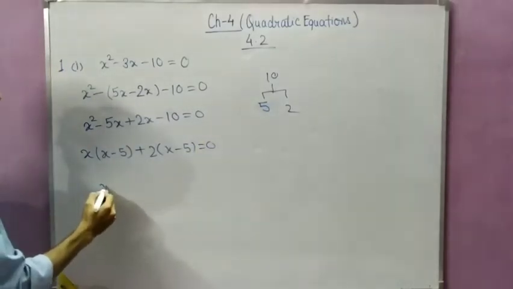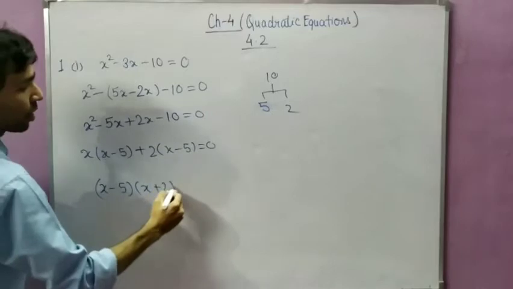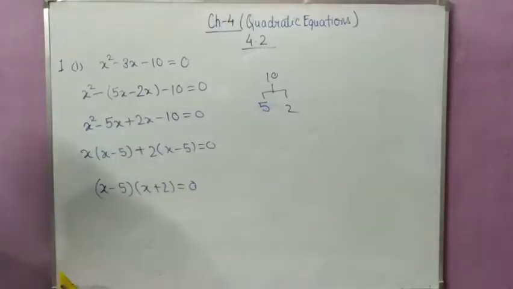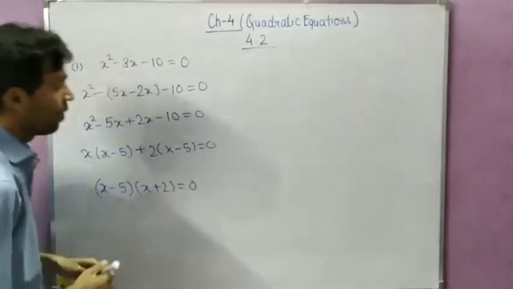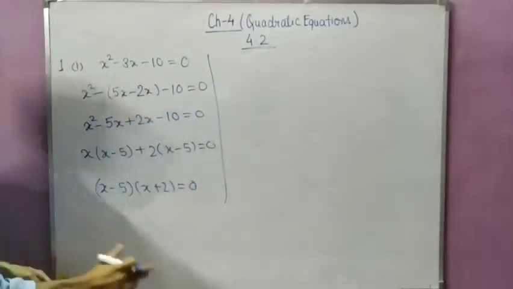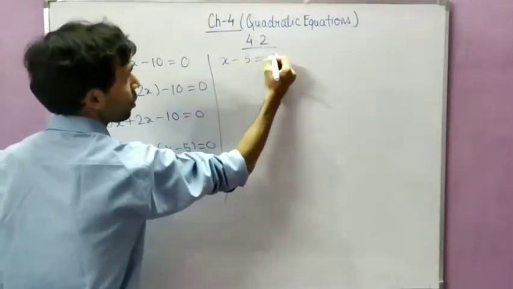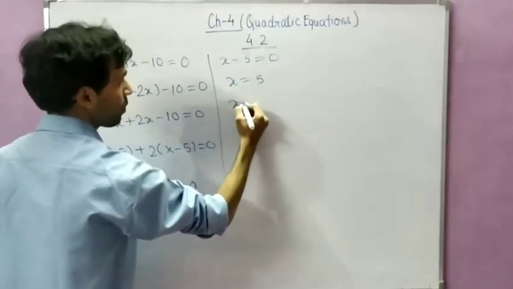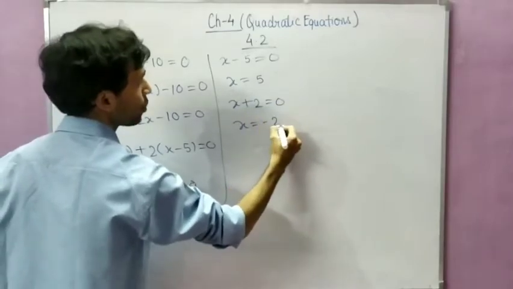So you will get x minus 5 and x plus 2 equal to 0. Now one by one we will equate these two factors to 0. First, when x minus 5 equal to 0, we get x equal to 5, and when x plus 2 equal to 0, we get x equal to minus 2.